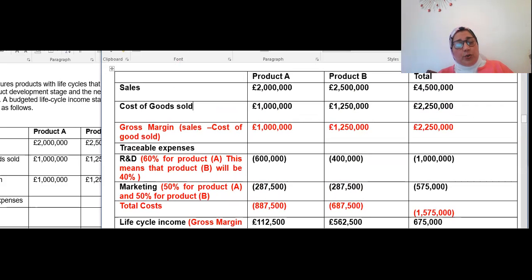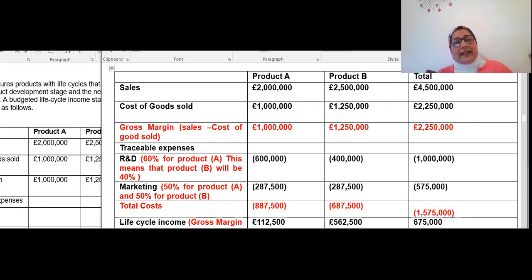To comment on the results, first of all, you say that based on the information available, product B is more profitable than product A, because product B achieved 562.5 life cycle income, compared with product A, which only achieved 112.5 income.